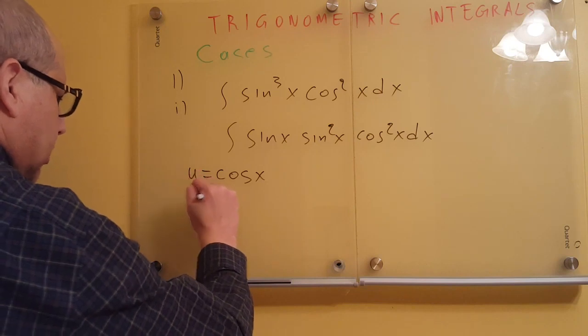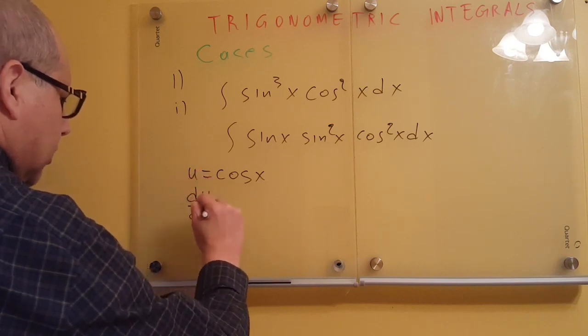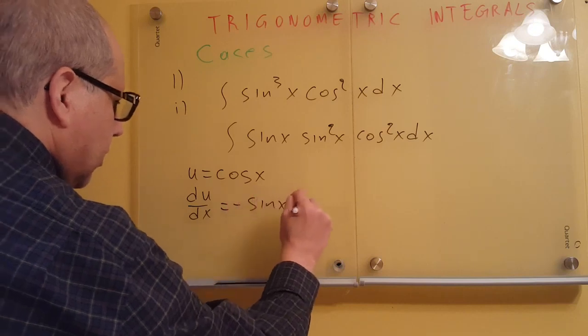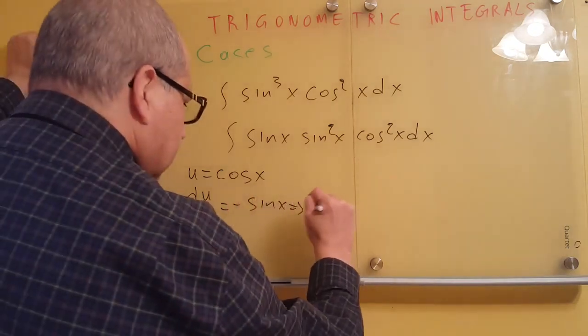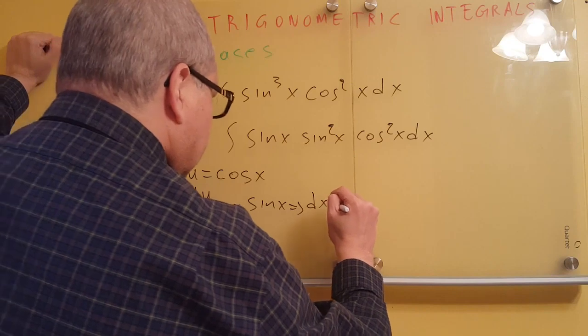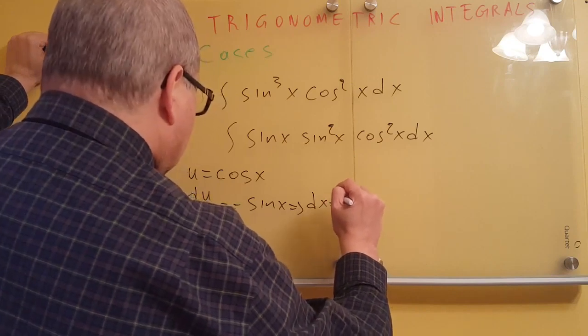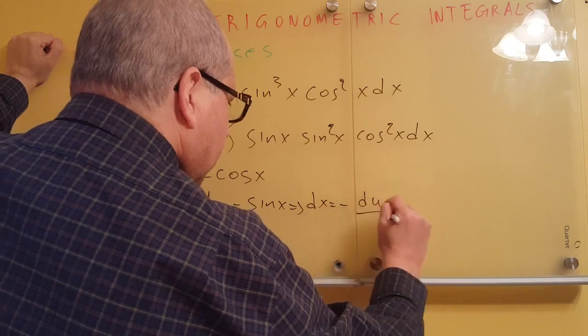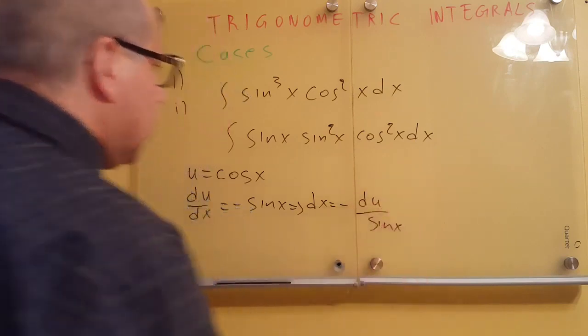So that means that du over dx is equal with minus sine x, and from this you have that dx is equal with minus du over sine x.